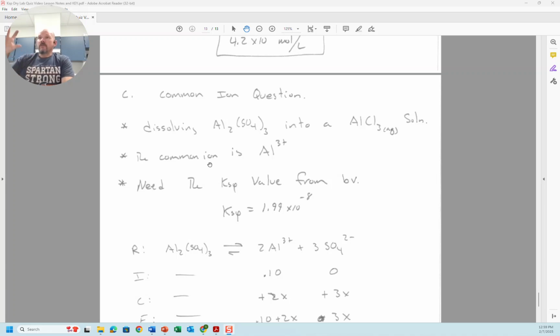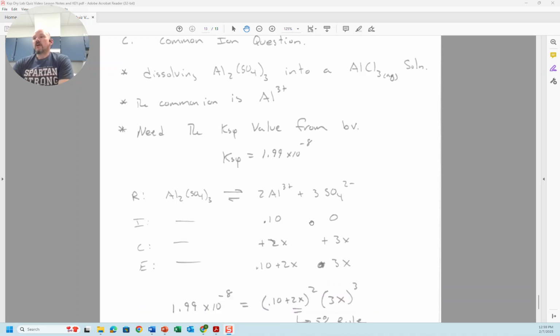Those KSP shortcuts come from making Rice charts where both ions start at 0 in terms of how much is dissolved. In a common ion question, one of those ions doesn't start at 0. So make the Rice chart so you can organize your information correctly. But regardless, when you solve for x, it's the molar solubility, the answer to the question.